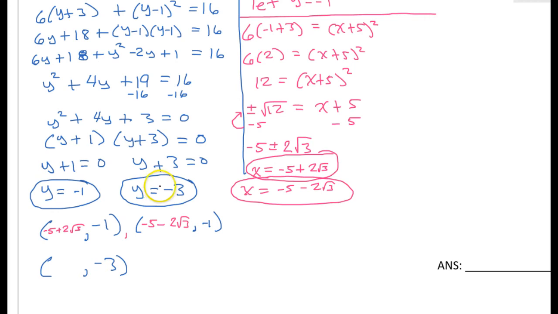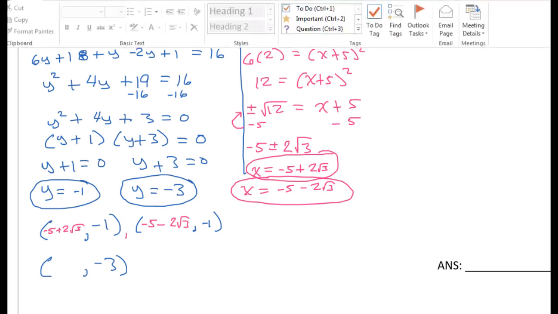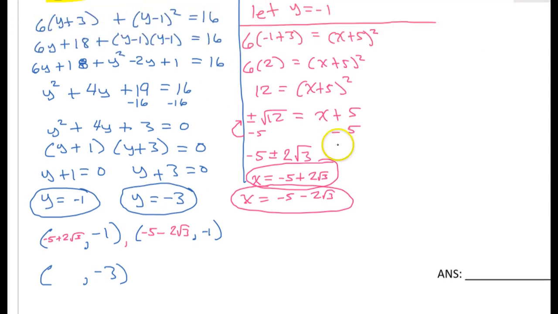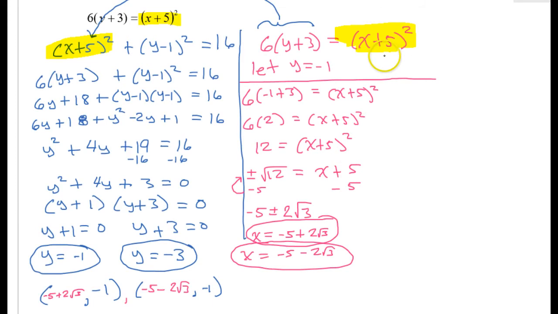Now, what about a y value of -3? Time to change colors. So let us go back, and this time we will let y equal -3. Okay, so that's going to give us 6 times -3 plus 3.